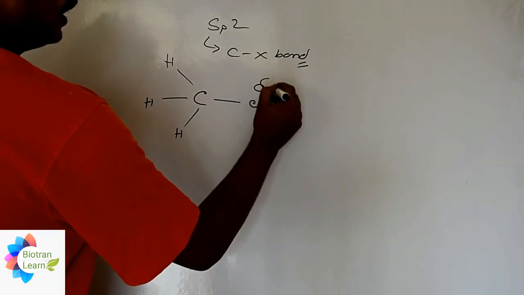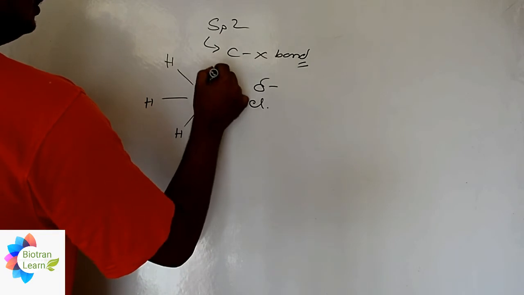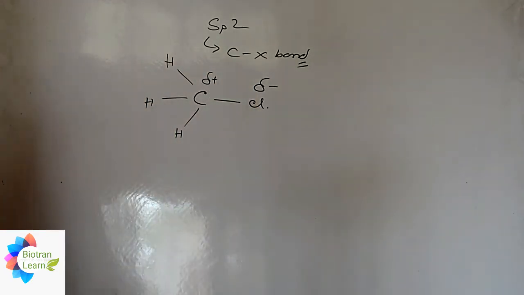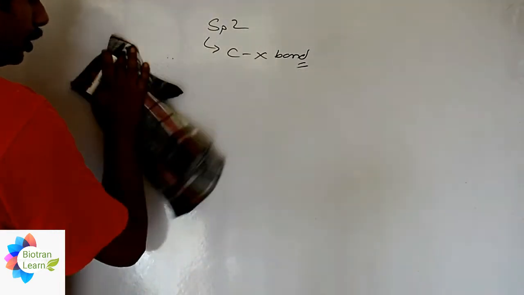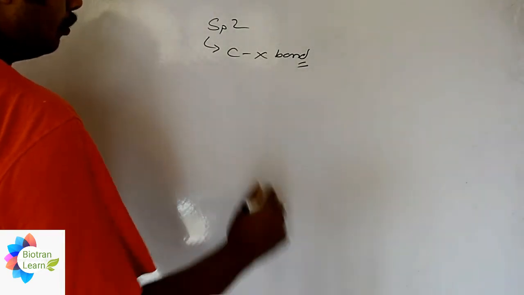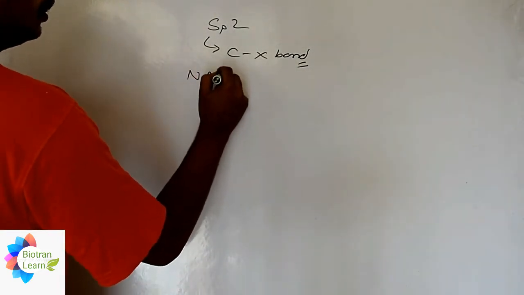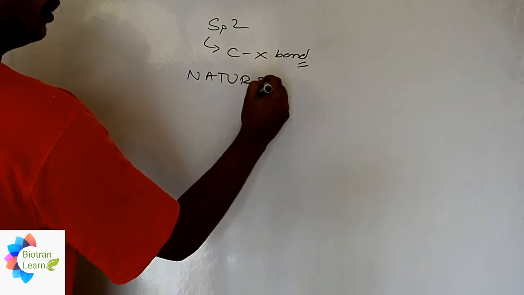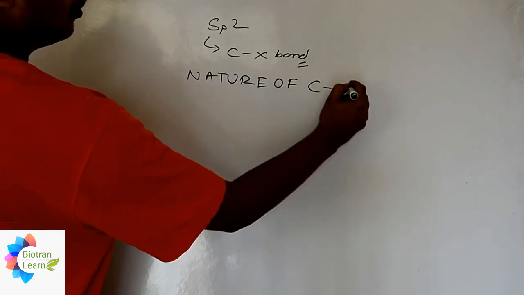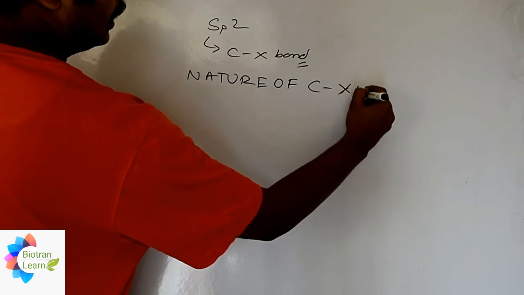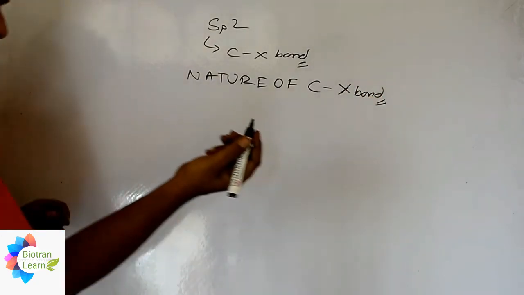We often write delta negative and delta positive in this section. Why do we write that? We will go through this to understand what the nature of the C-X bond is and why it takes place like that.